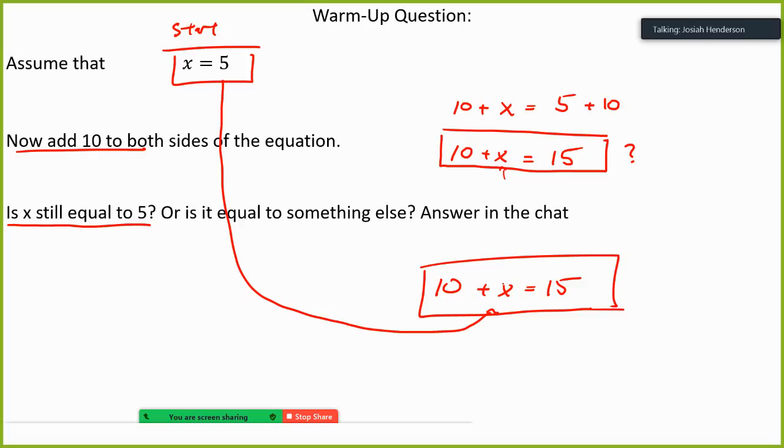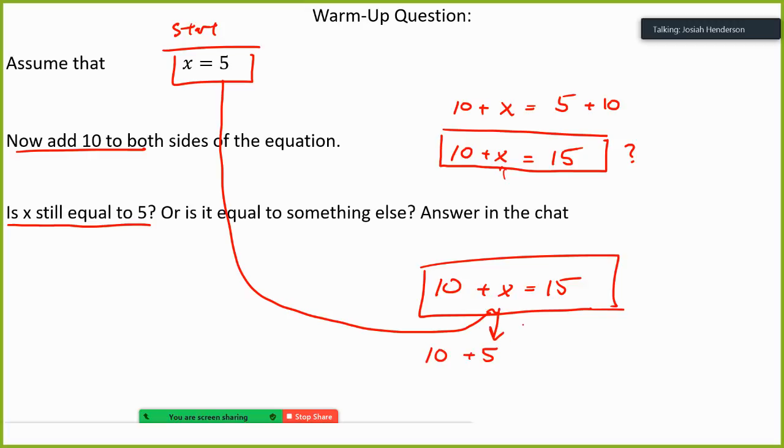like decent logic? You're right, those of you who said no, it looks different now because it says 10 plus x is 15. But that 10 plus x is different. We're adding it. So let's try it. We plug it in, 10 plus 5.